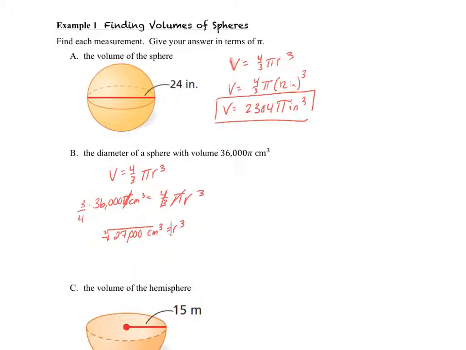Cube root has a little 3 in there. And so then we end up with r equaling 30 centimeters. But we want to know what the diameter is. So the diameter would be twice that. So therefore the diameter is equal to 60 centimeters. So we're really just working backwards, and we plugged into the same formula what we already knew.